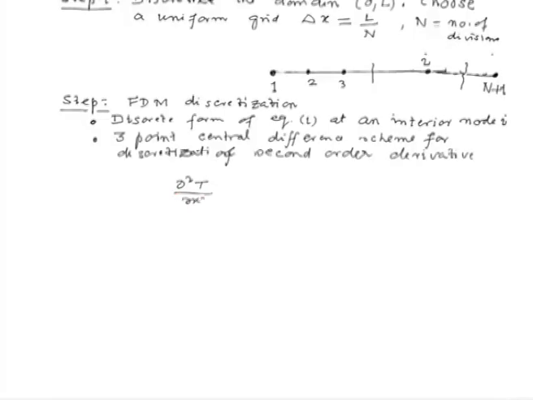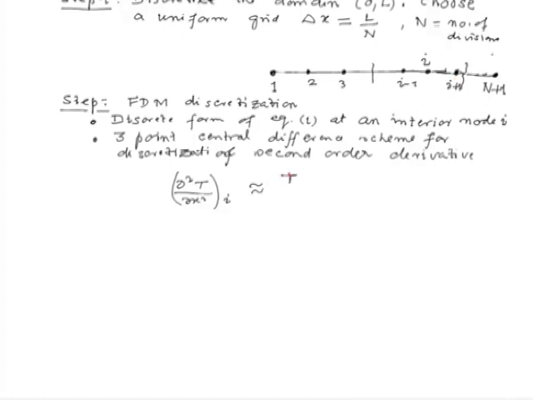That is to say, this our ∂²T/∂x² at the interior node i, we are going to approximate it in terms of the nodal values at the grid point i minus 1 and i plus 1.